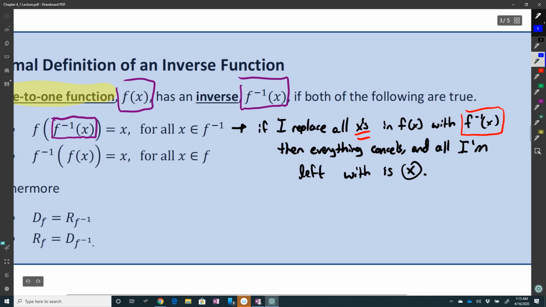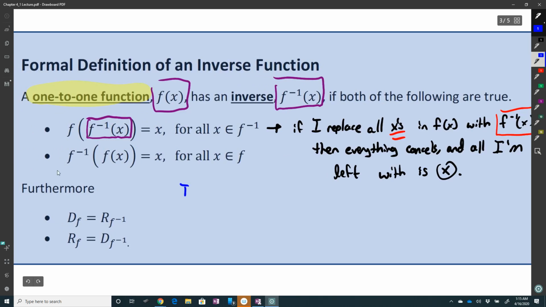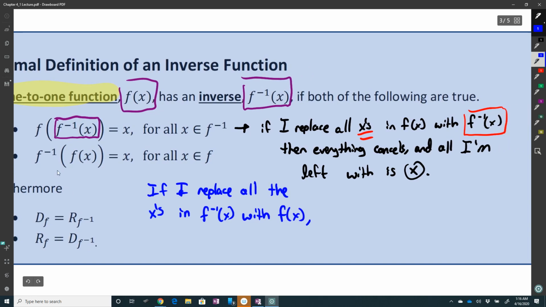And it works the opposite. If I replace all the x's in f inverse with f of x, then everything cancels and all I'm left with is x.